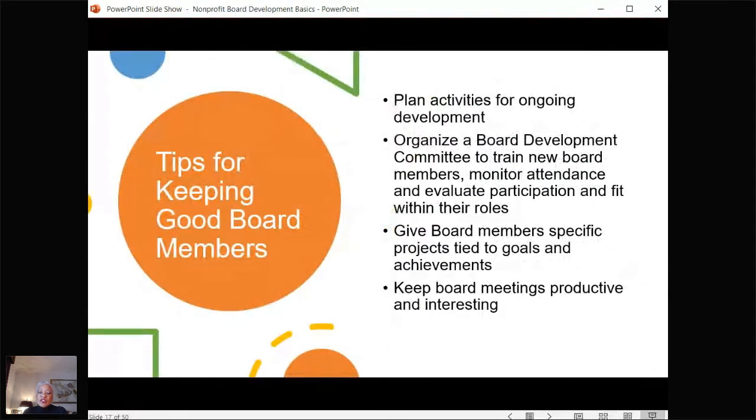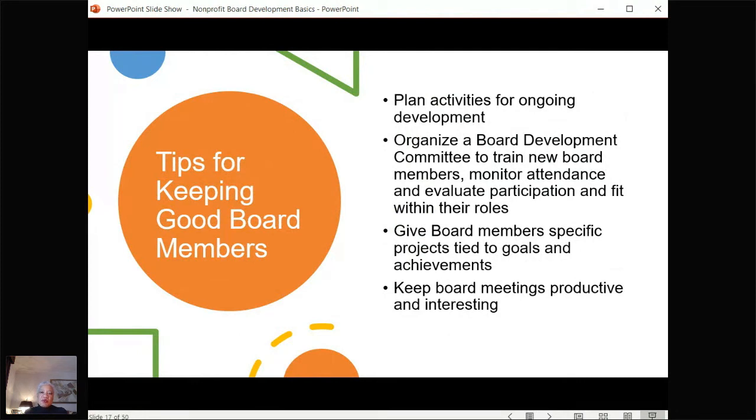You also want to plan activities for ongoing development. And when I say ongoing development, I'm talking about making sure that they build their skill sets. That could be things like going to conferences and workshops that might be helpful in helping them to do the work of a board member.